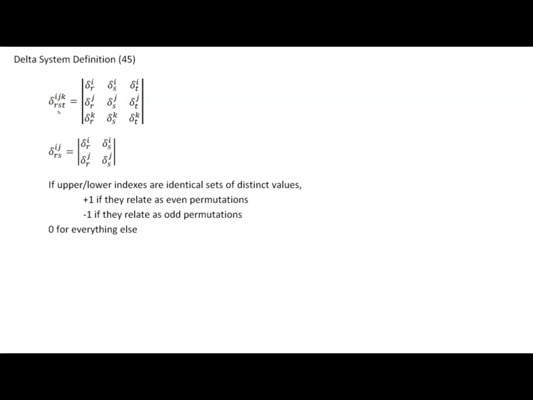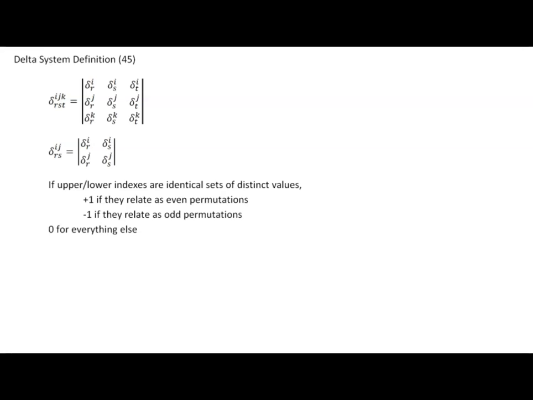Now, the value of our delta symbol here is going to be 0 in every other case. In other words, if there are any duplicates in the set of indexes I, j, and k, or duplicates in the set RST, or if the two sets are not identical, as we pointed out before, then the value is going to evaluate to 0. And that common description works for all of the delta symbols that we define, no matter how many indexes there are in the upper and lower positions.